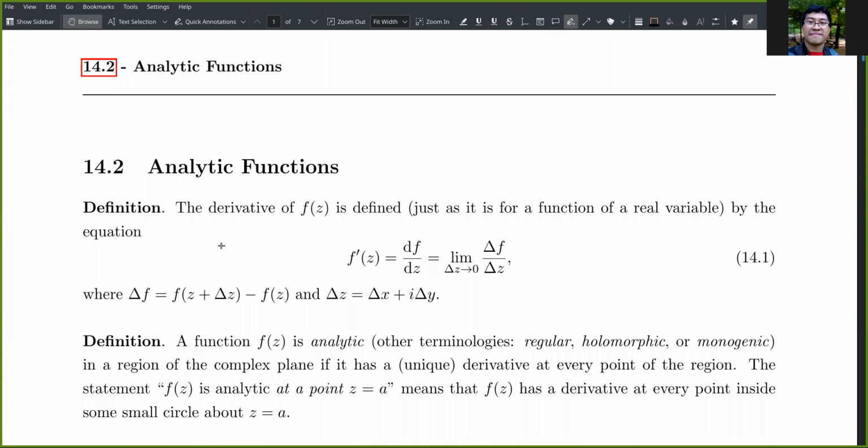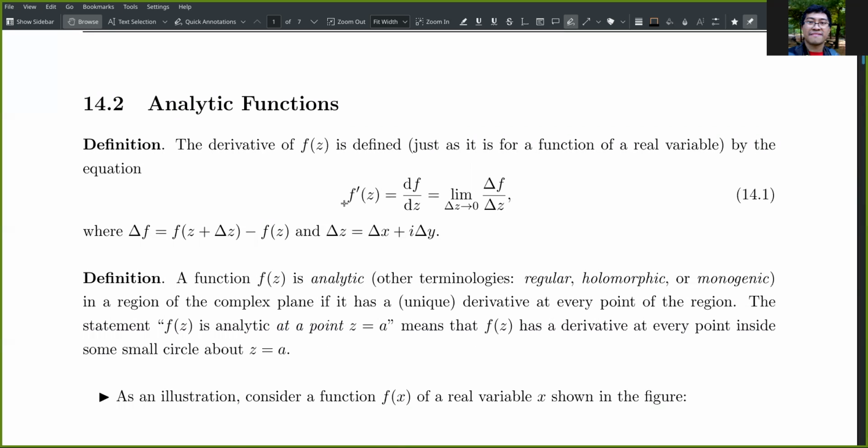So to start, let us define the derivative of a function f of a complex number z, defined similar to that of a function of a real variable by the equation f prime of z equals derivative of f with respect to z equals the limit of delta f over delta z as delta z approaches 0, where delta f equals f of z plus delta z minus f of z, and delta z is delta x plus i delta y.